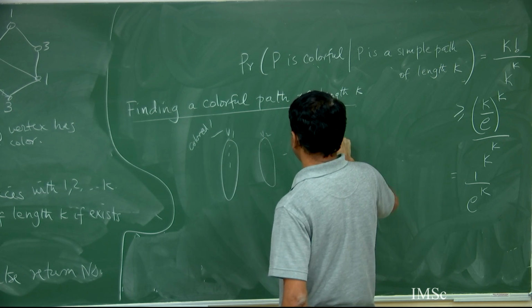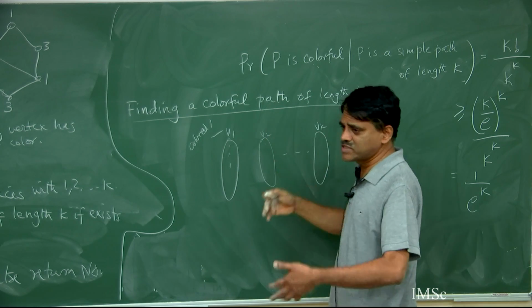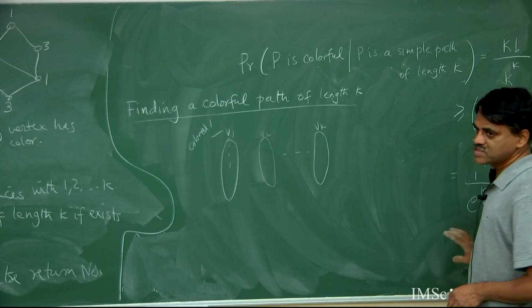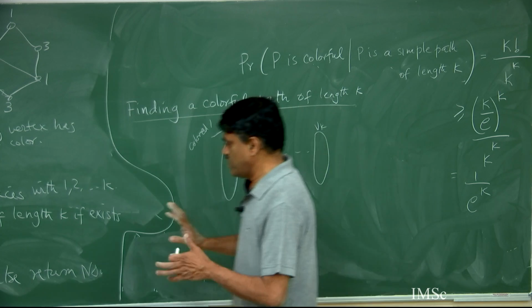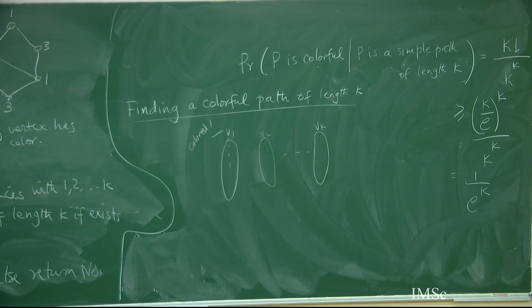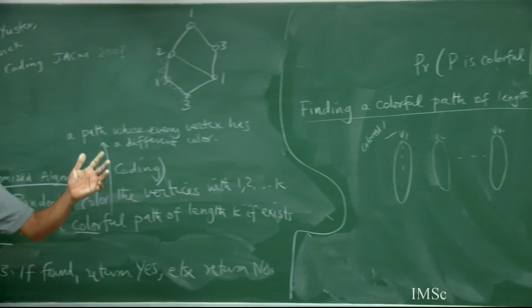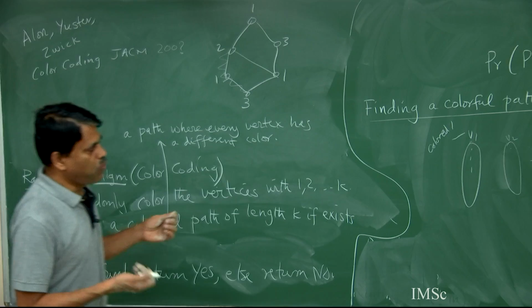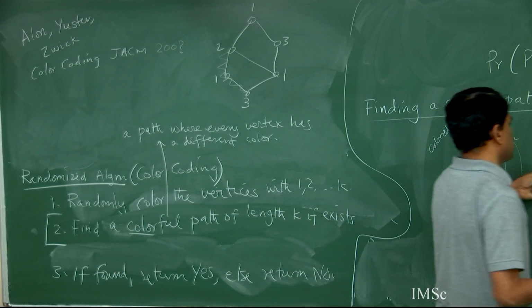This is the random coloring. Actually, now you don't even have to worry about randomness because we have used it to do this analysis. Now we have a new problem. I have a graph where every vertex gets a color. So, it is a partition of the vertex set into k parts, color 1, color 2, color k, and I want to know is there a path which picks one vertex from each of these color classes.